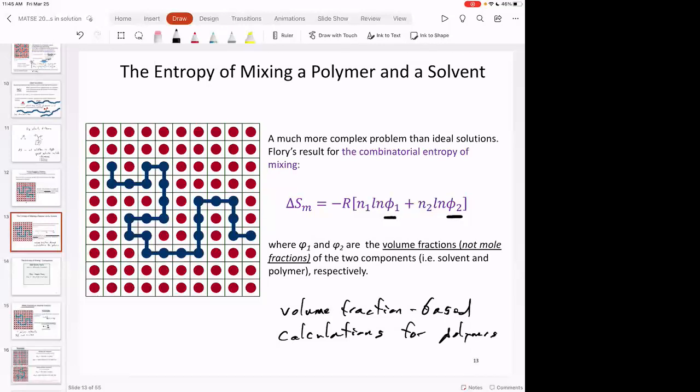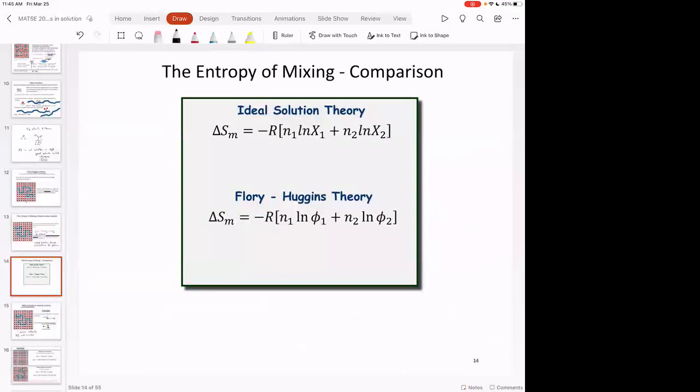All right. And so we just modify now our delta S of mixing for polymers to take into account the volume fractions. So when we compare and contrast, ideal solution theory is based on mole fractions, Flory-Huggins theory is based on volumes.